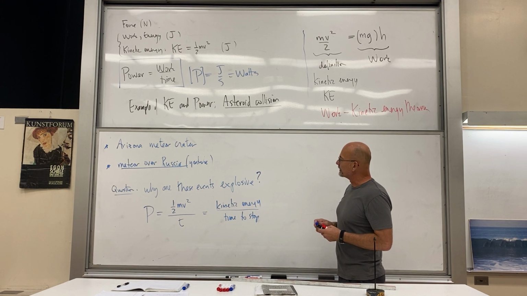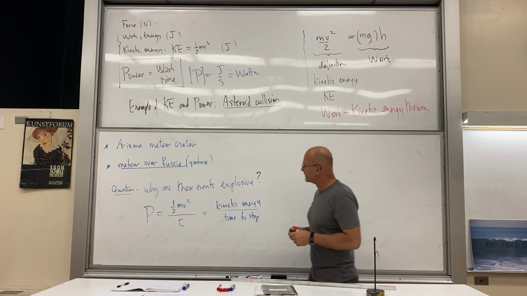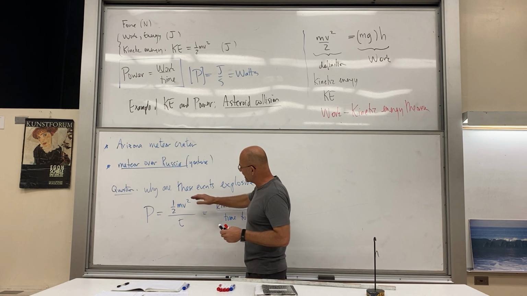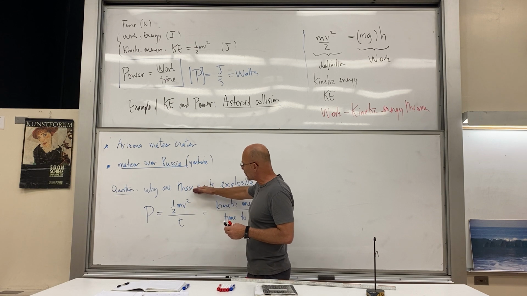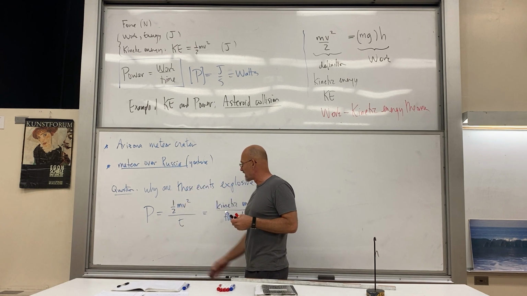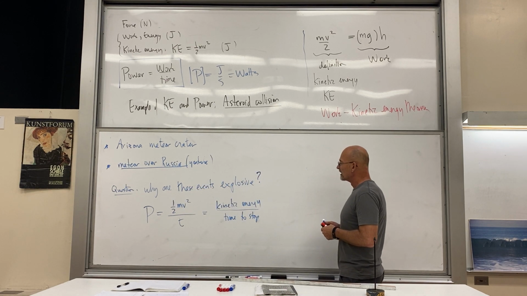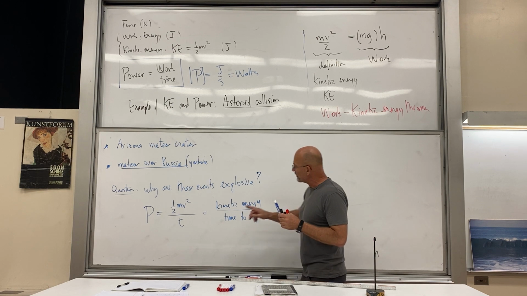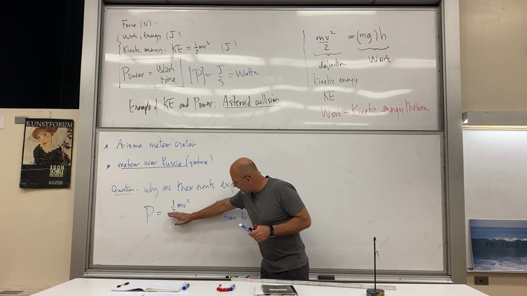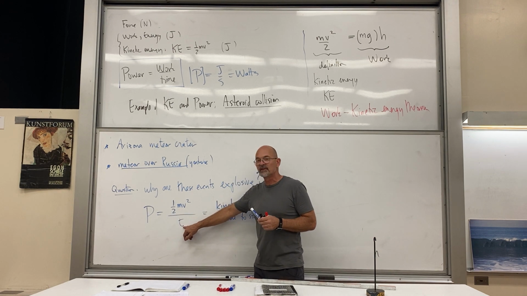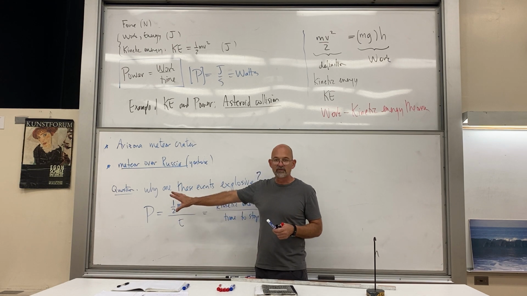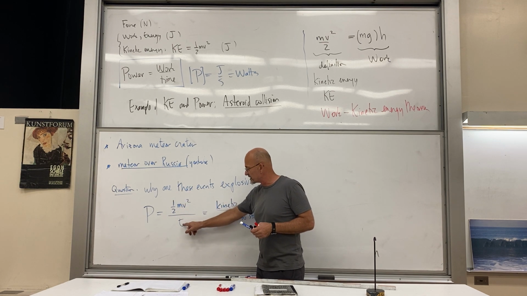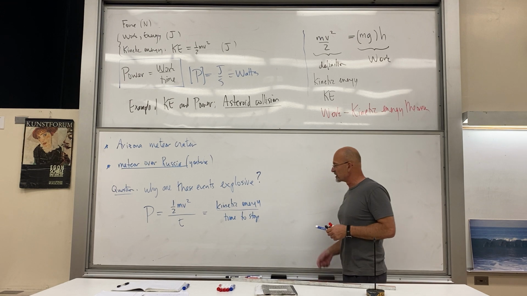So that's the first thing about converting kinetic energy to work in a short time. It's a lot of power. Again, remember, if you have a fraction like this, the smaller the denominator is, the larger the overall value. So it has to do with the short time in which it happens.